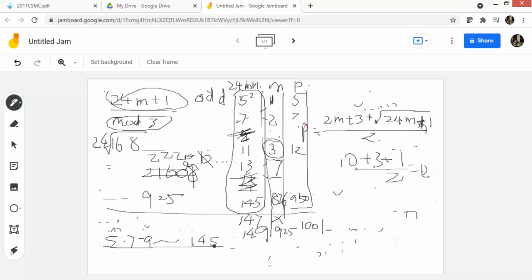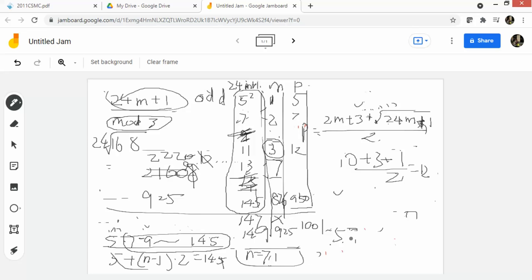So total n, so 5 plus n minus 1 times 2 equal to 145. So we get n minus 1 equal to 70, n equal to 71. 71 is the total count of odds. I cannot divide by 3, so cannot divide by 3 is what? So 5, 7, 9.